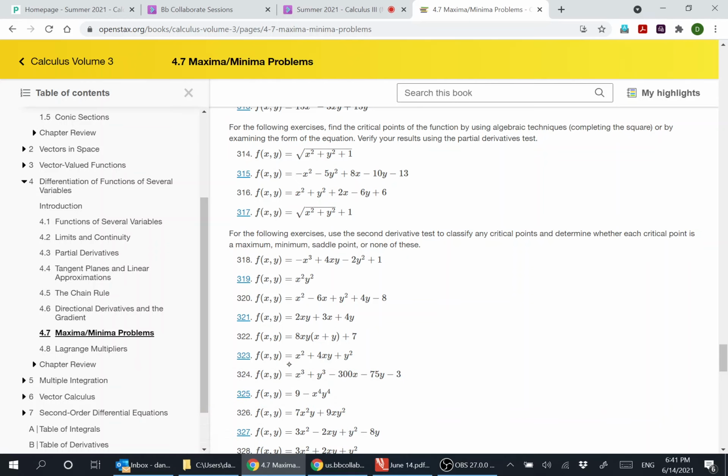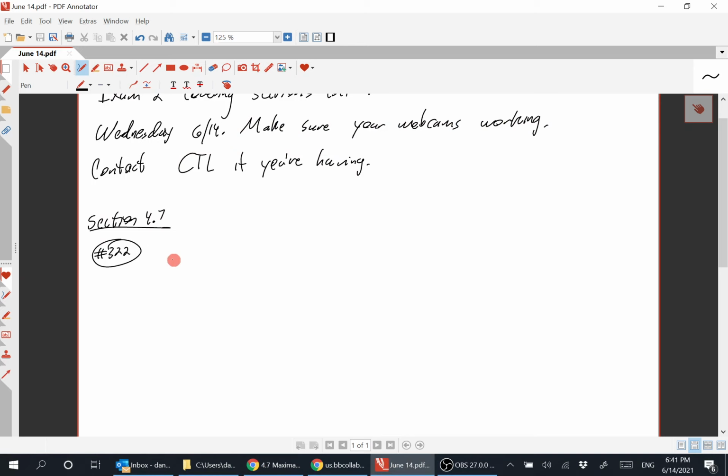So 322, we have 8xy times x plus y plus 7. Okay, so find the critical points. So the points at which the first partial derivatives are both 0. So I think I'm going to multiply this through.